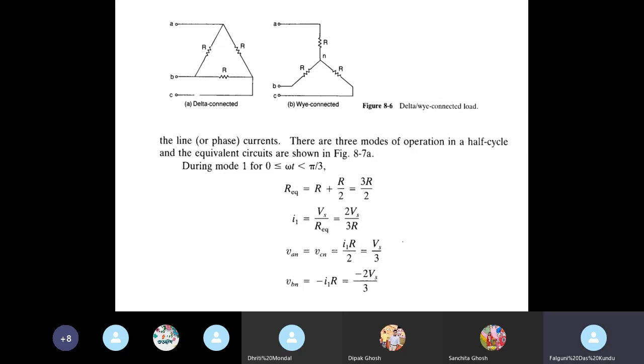In case of balanced Y connected network, it is Vs by 3. And VBN is nothing but minus I1R. What is the value of minus I1R? It is minus 2 by 3 Vs.